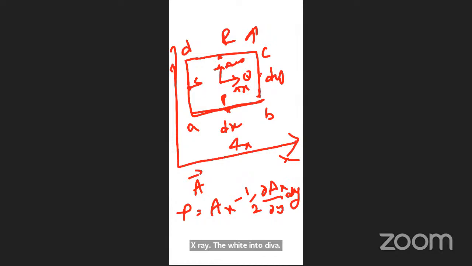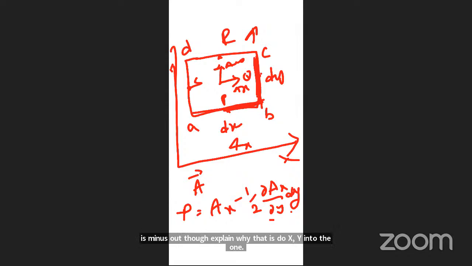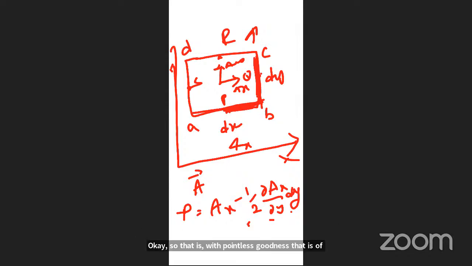Let us take Ax direction; since we are taking the midpoint, that is minus of dou Ax by dou y, Ax direction into dy.